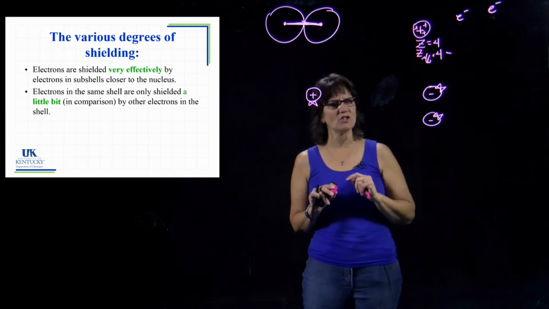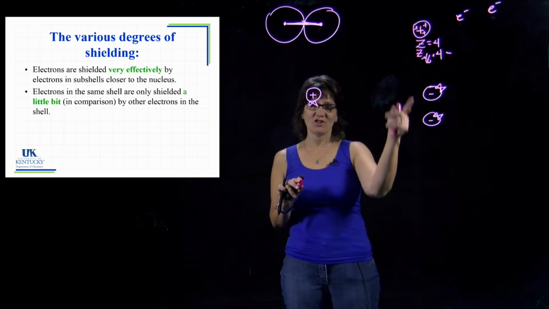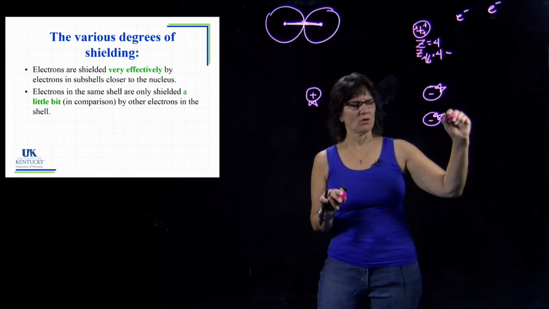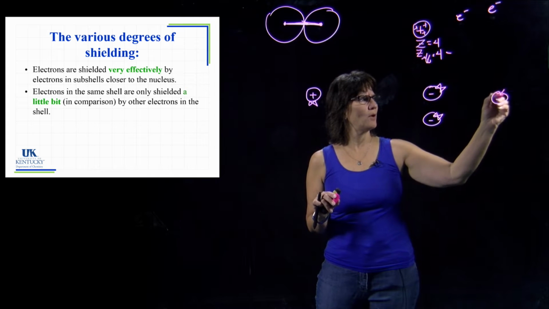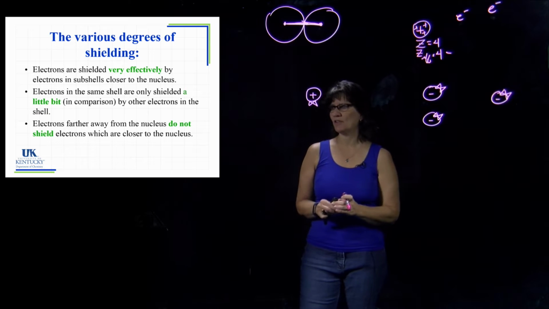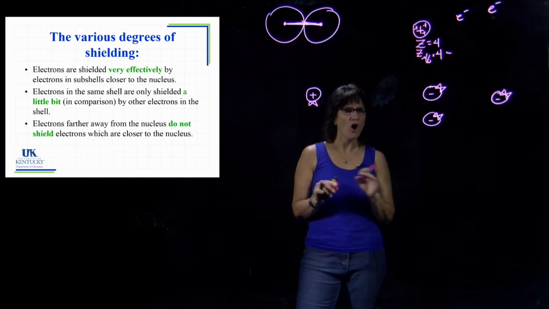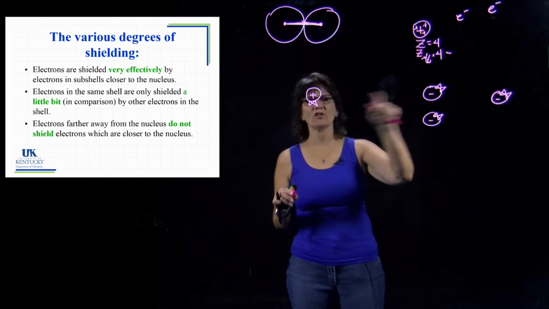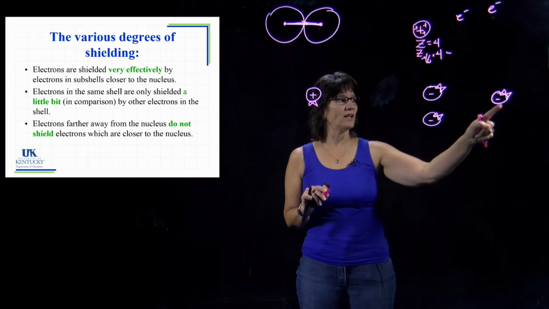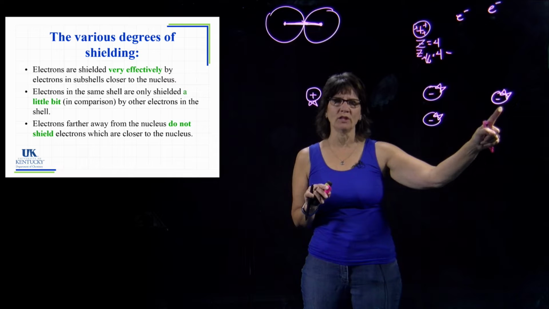Now they're going to shield each other a little bit because his attention can be divided. But over here is an electron that's coming to the party and is further away. That electron is not going to be effective at all at shielding this electron from the attraction of that nucleus.